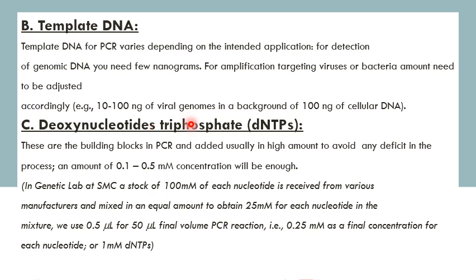Otherwise, if you set the cycle to 35 and add a small amount of building blocks, the process will end in the middle. So a concentration of 0.1 to 0.5 millimolar will be enough.